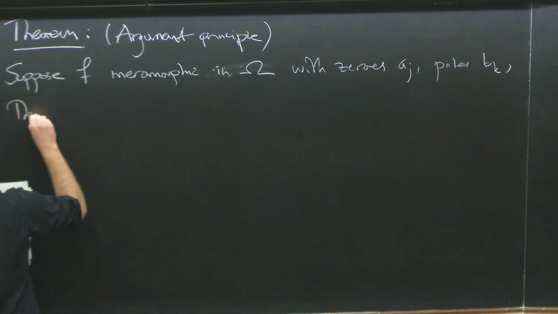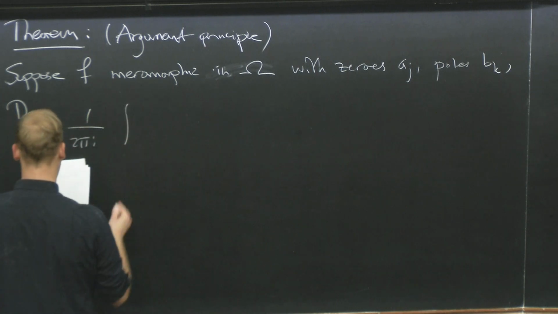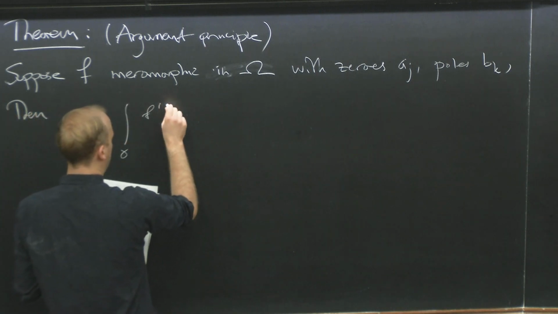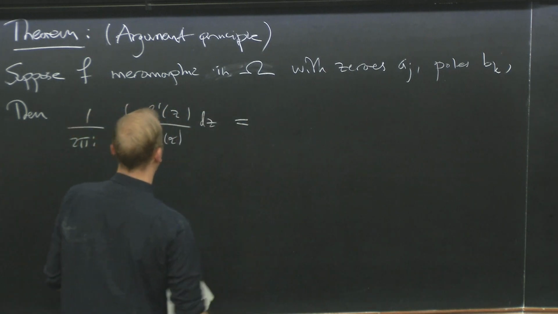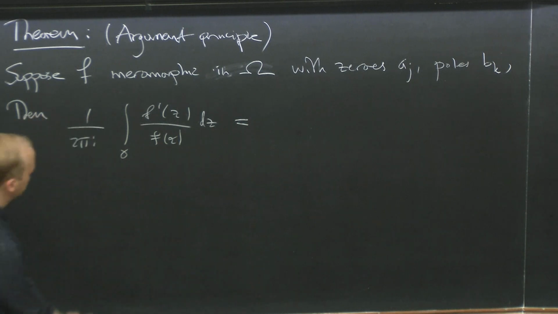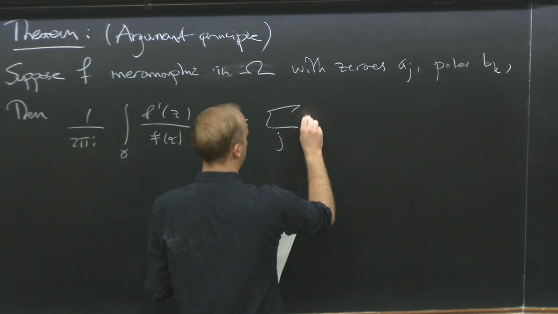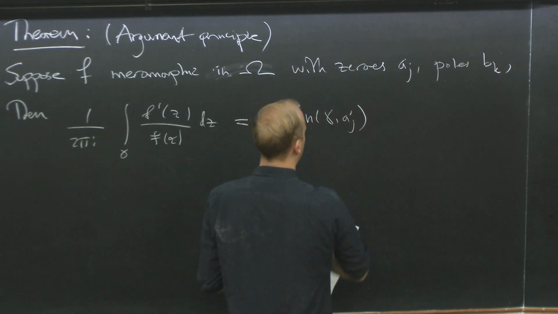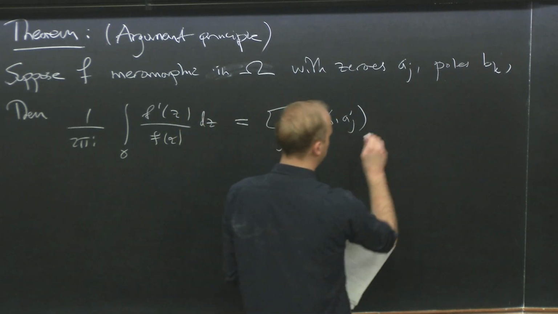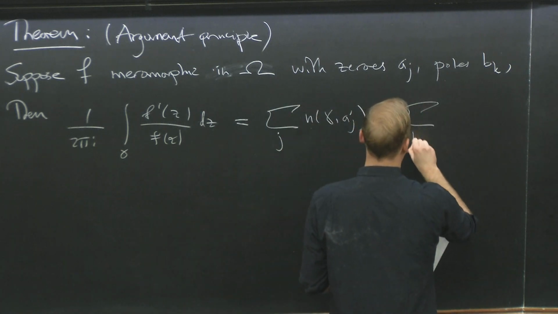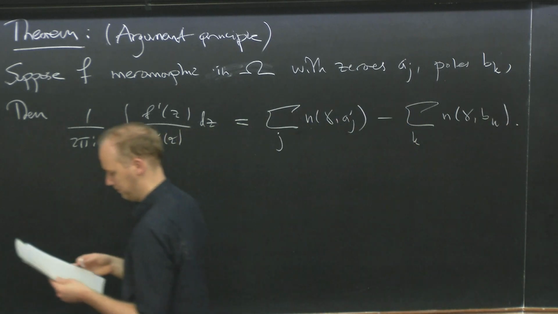Okay, then we have the following formula. So if you integrate along gamma, this quantity that I promised would be, in a sense, counting the zeros and the poles. So we'll see what we mean by that. What we mean is that this is equal to the sum over all the zeros of the winding numbers of this thing, minus the sum over all the poles of their respective winding numbers.